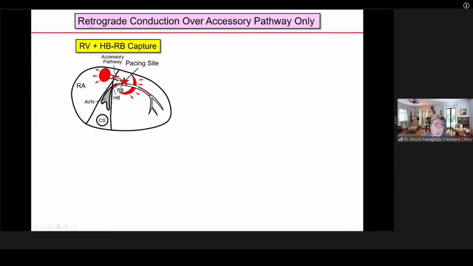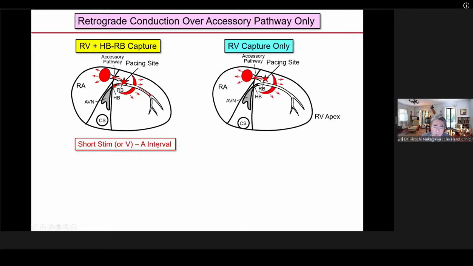Now you have retrograde conduction over an accessory pathway. For example, consider an anteroseptal pathway. This is RB and His capture both. It goes to the pathway, very rapid conduction. You see the earliest atrial activation is located in the anteroseptal region, and the stimulus-A interval is very short. If you lose the His-Purkinje capture and just capture RB, it doesn't matter, it is still conducting over the pathway.